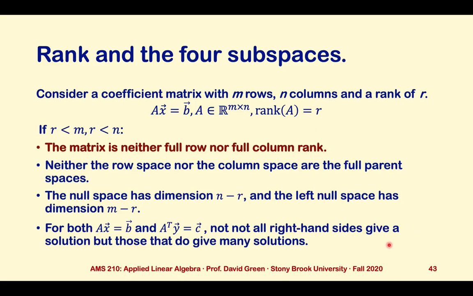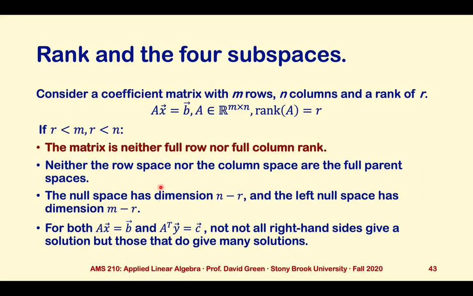The final possibility is that the rank is less than both the number of rows and the number of columns. It doesn't matter whether we have a square matrix or a rectangular matrix, whether we have more rows or more columns. The rank is less than both the number of rows and columns. In this case, neither the row space nor the column space are the full parent spaces.